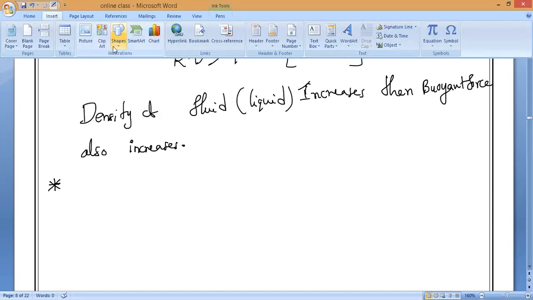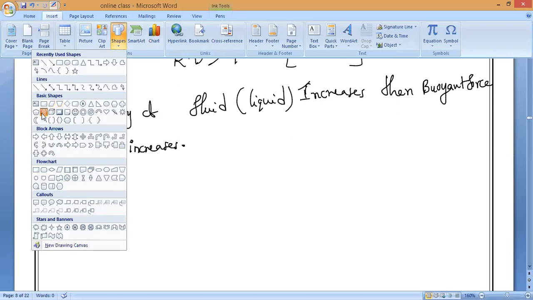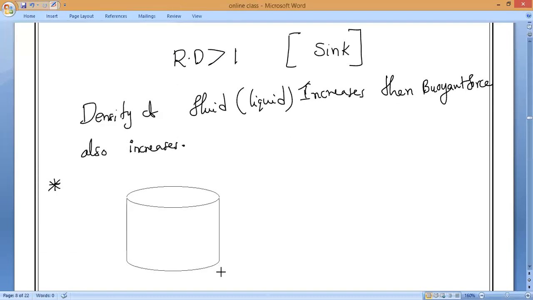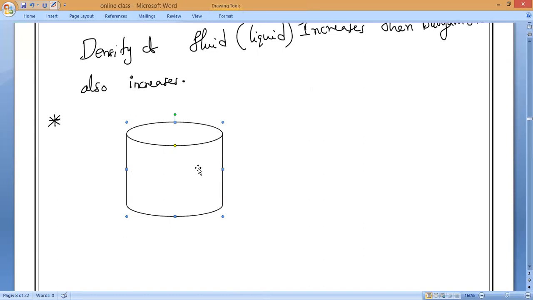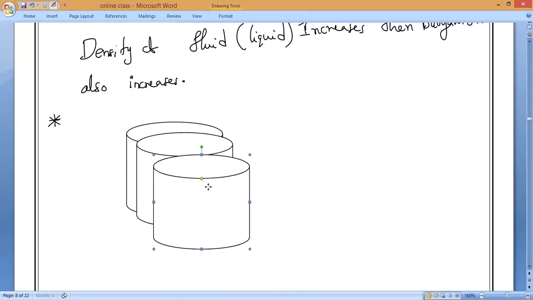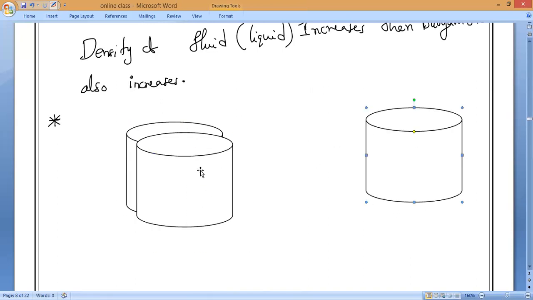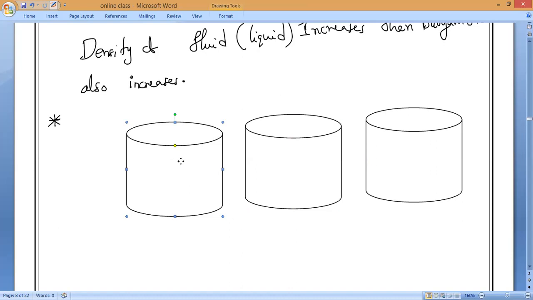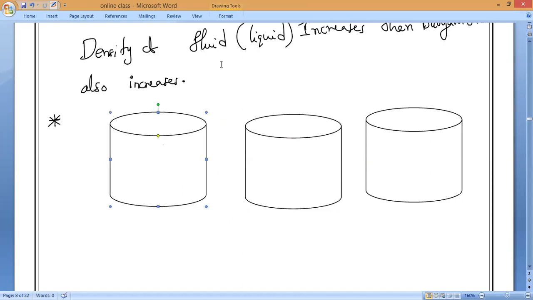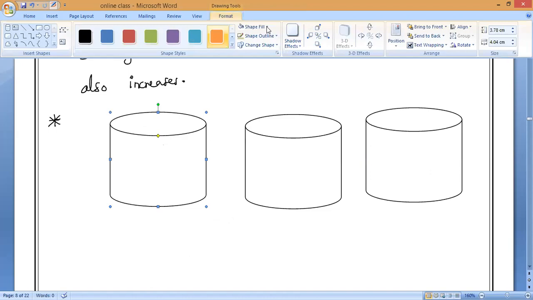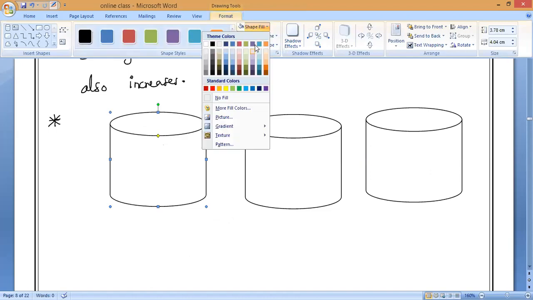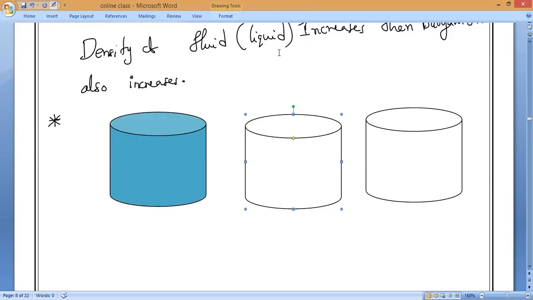Let us take three different containers. Observe carefully. In the first container, I have filled normal water.